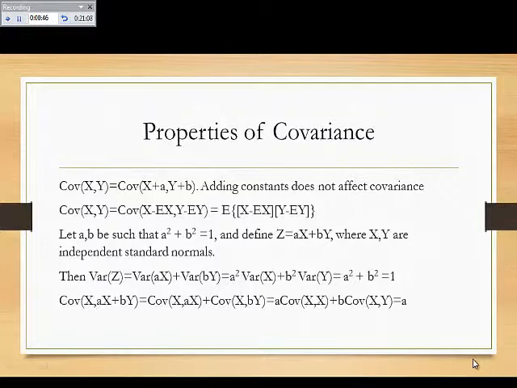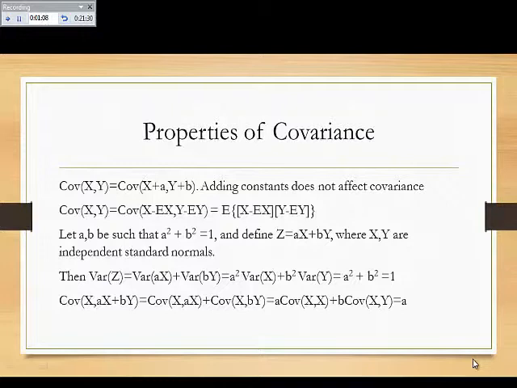So between the huge number of 99 pages of work, and then there's this one page of how do you put the brick on. So this is this. So covariance of X, Y is the same as covariance of X plus a, Y plus b. Adding constants doesn't affect it. So covariance of X, Y is the same as covariance of X minus EX, Y minus EY.